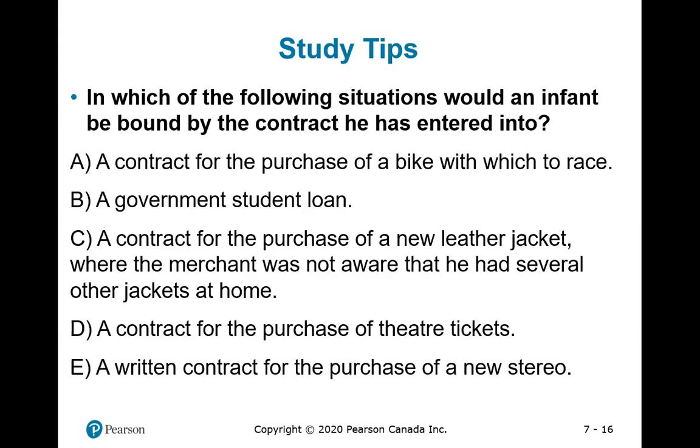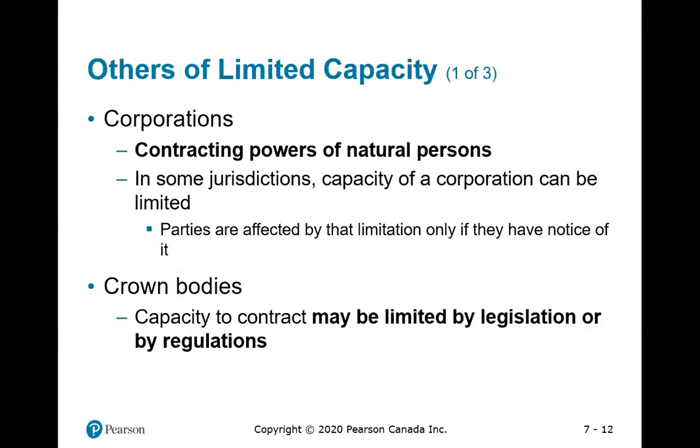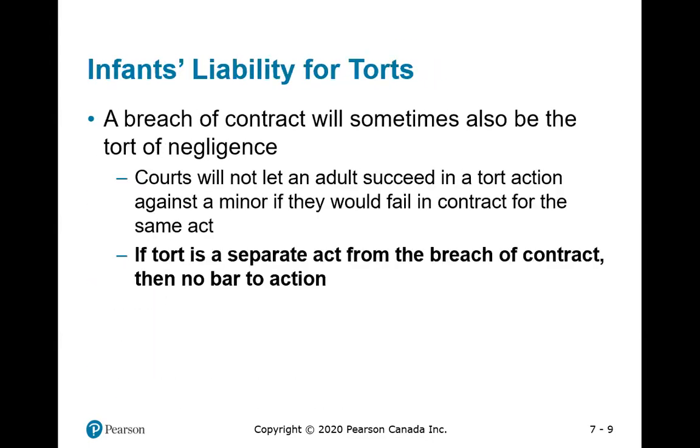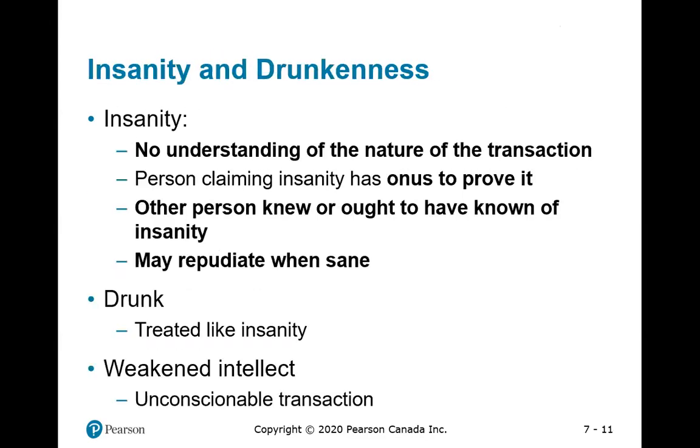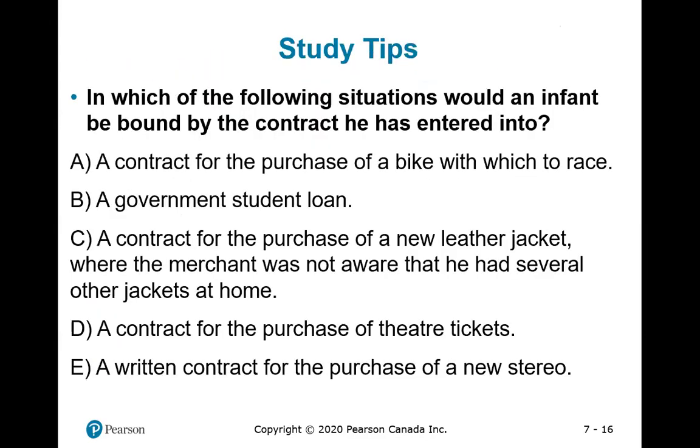Yeah, this is a memorization question. I told you that for loans, minors are bound. Exactly. So loans and contracts of employment. So B is the right answer. All the others, the minor or the infant, are not bound.